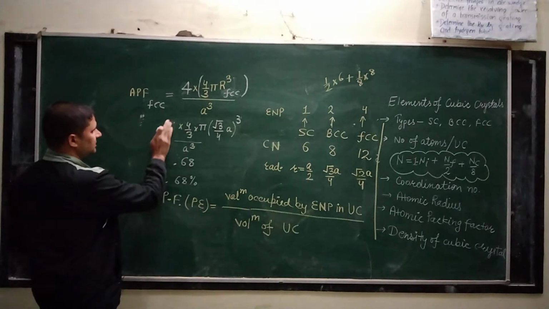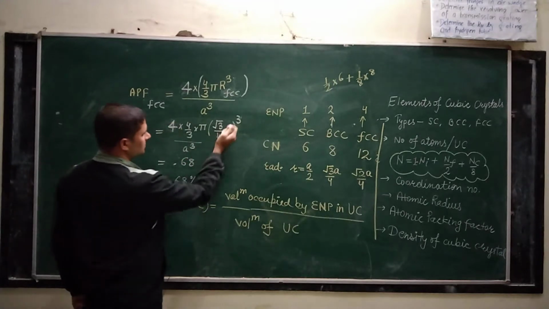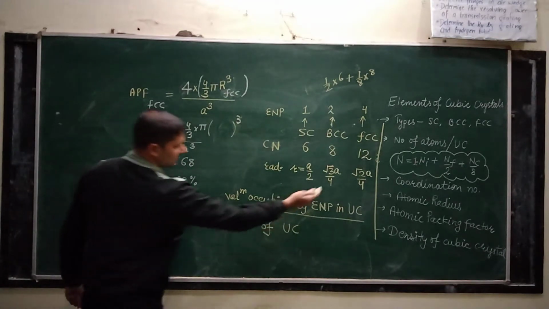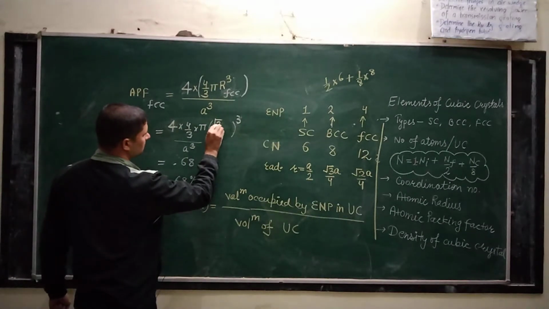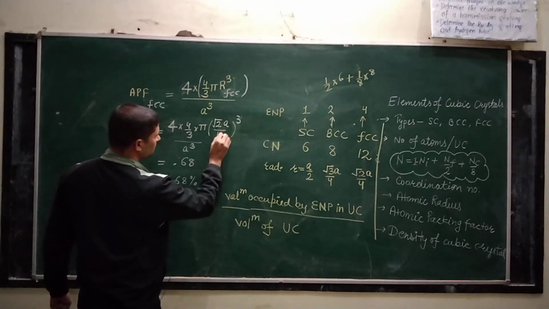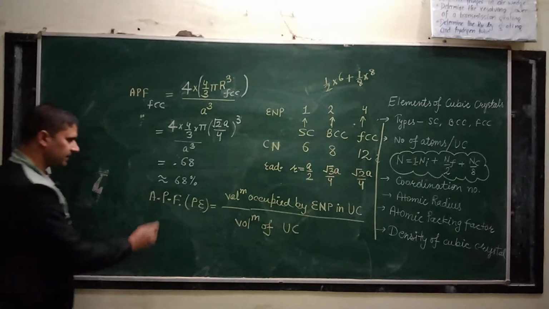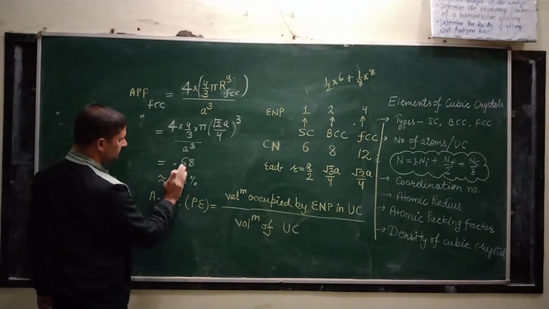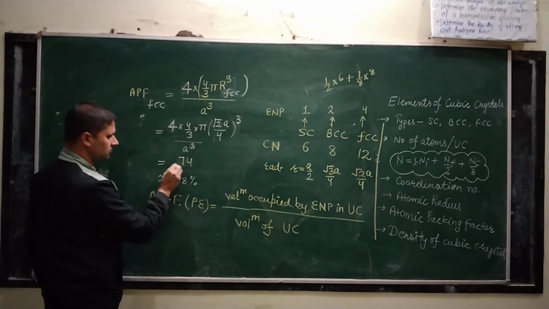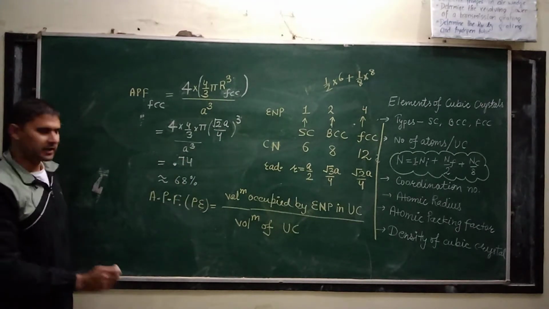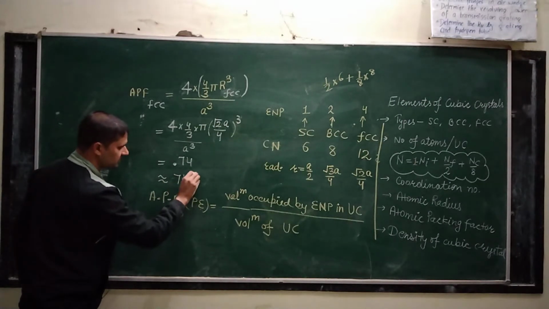So you will make changes here, it is 4. Okay class, and here you will write this cube, so this is √2 times A divided by 4. Okay class, and if you solve it, then you will get it to be 0.74.